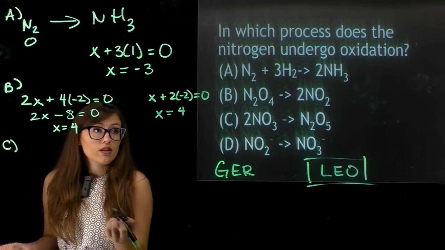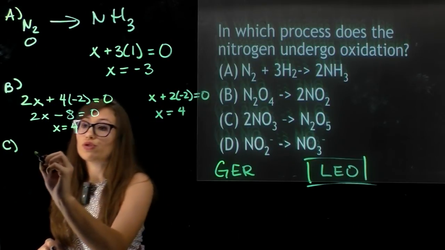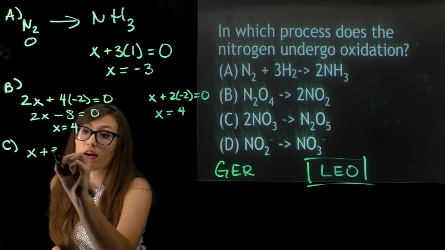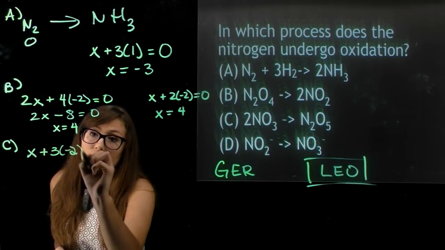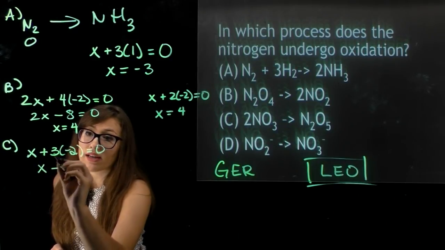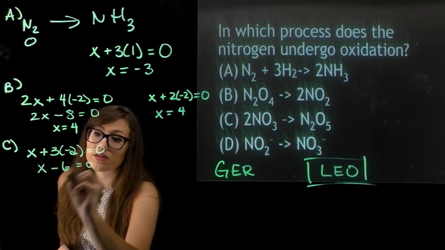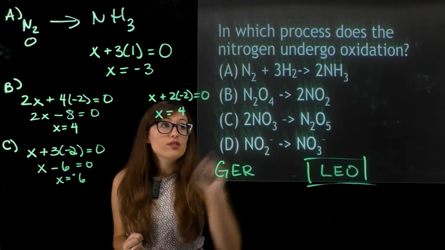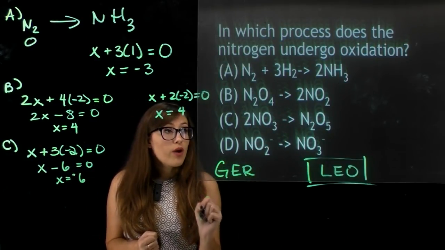For C, let's set it up in a similar manner. We don't know the oxidation number of nitrogen, but we know that of oxygen, which is -2. This is equal to 0. So x minus 6 is equal to 0, so x is equal to +6 for that nitrogen. Let's do the same thing for the products.